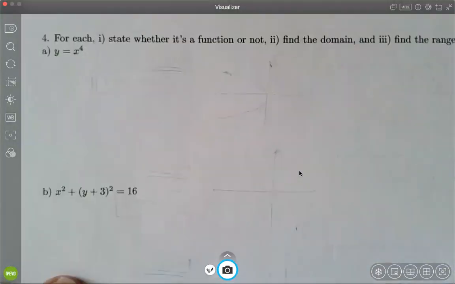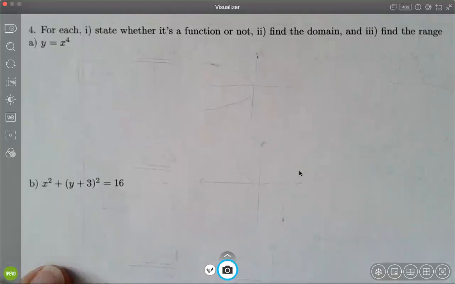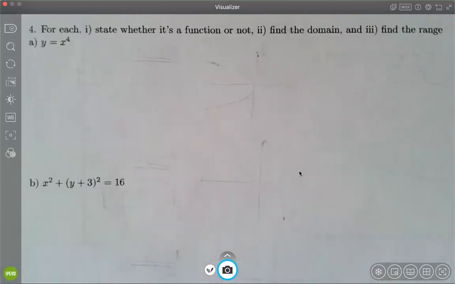So for each, the same thing, state whether it's a function or not, find the domain and the range. So part A, y equals x to the power 4. Okay, is this a function? Yes, it is, right? And what's the reason?